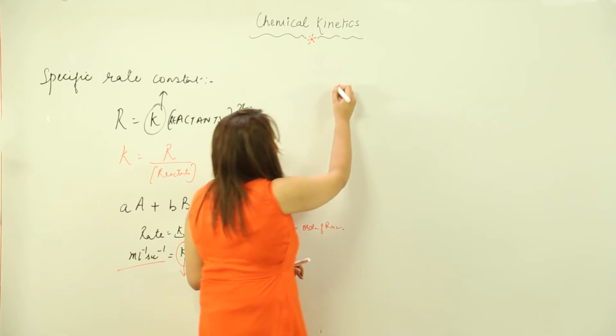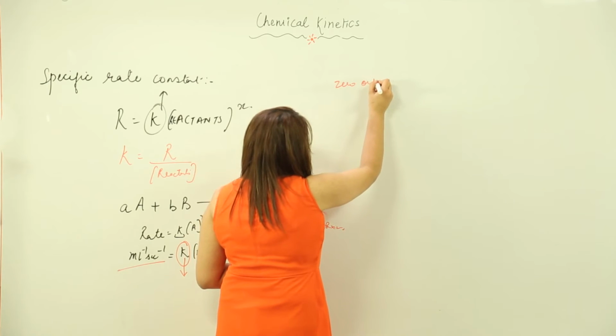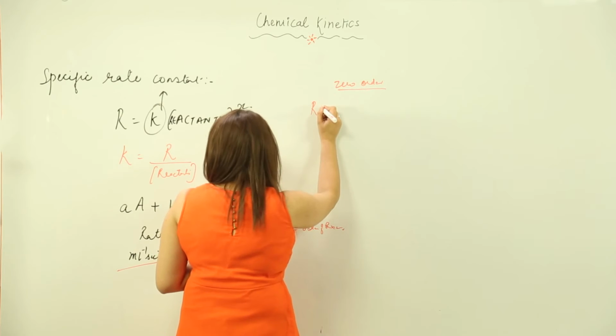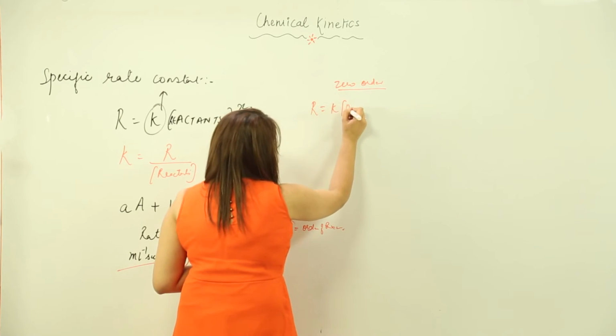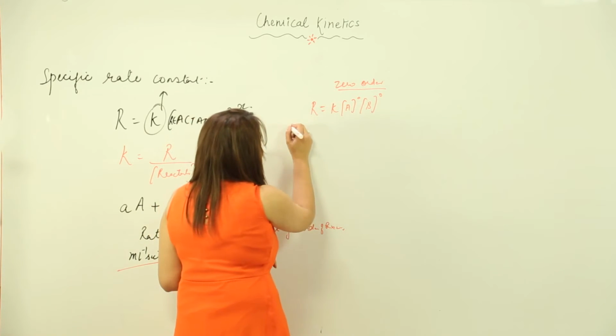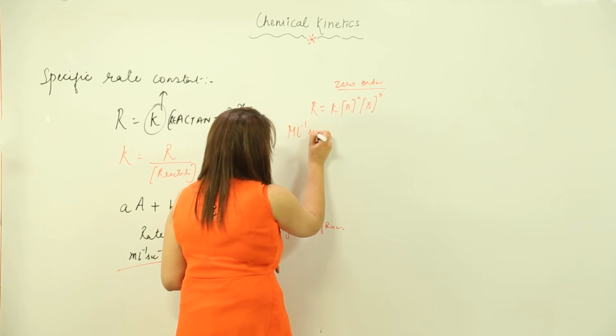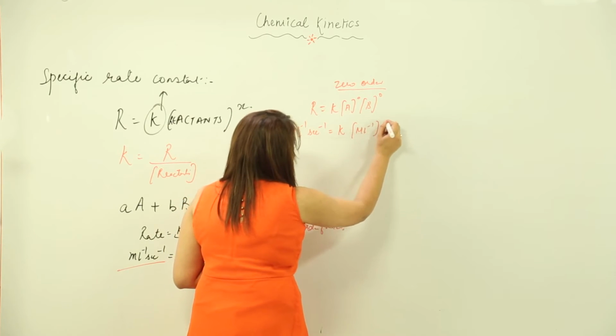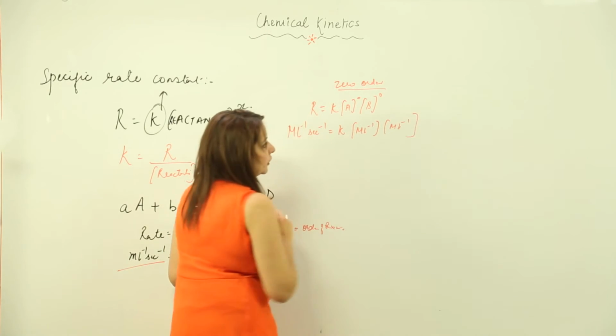Suppose we have a zero order reaction. Then rate is equal to K A to the power 0 and B to the power 0. So we have the unit moles per liter per second for the rate, K we have to find, and this is moles per liter and again moles per liter.